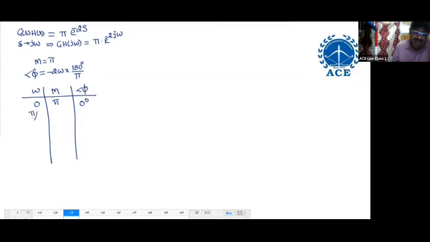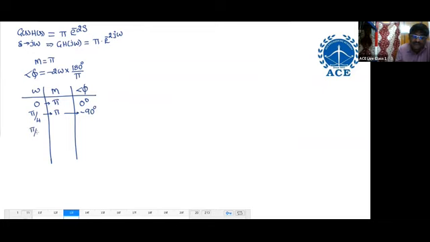Omega, you can take pi by 4. Magnitude pi only. Phase angle? Pi by 4 means here substitute pi by 4, pi cancels, pi by 2. So I think minus 90 degrees.